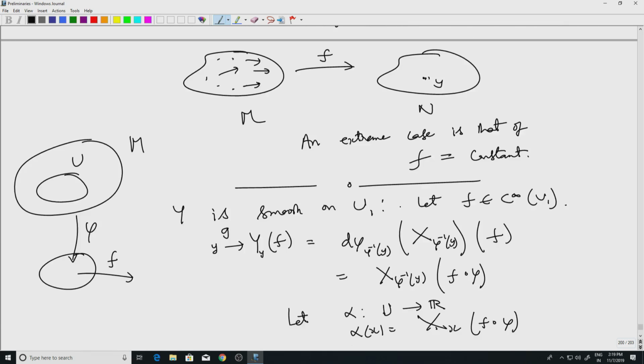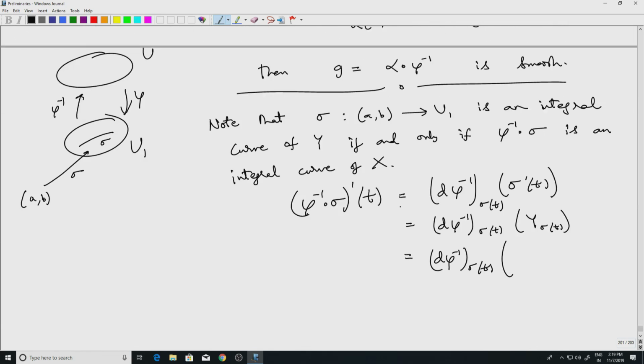So d phi inverse at sigma t, d phi at phi inverse of sigma t, and then x at phi inverse sigma t. So this should be in brackets actually. So now you just compose.